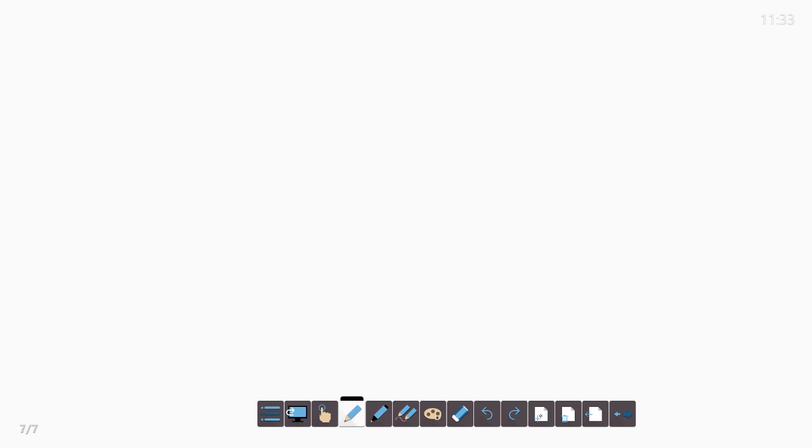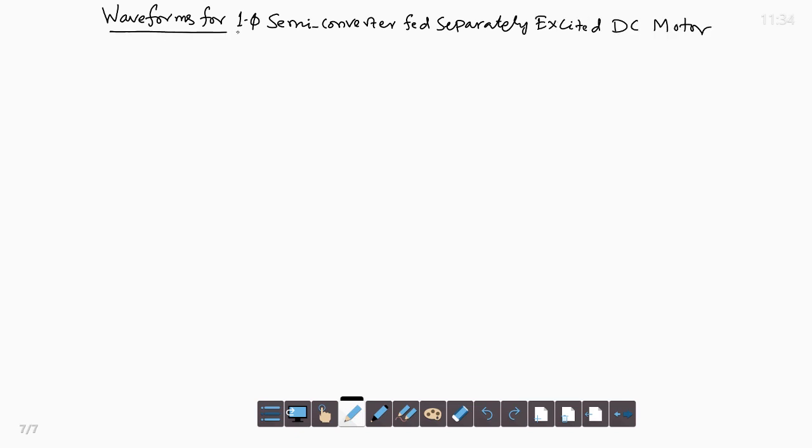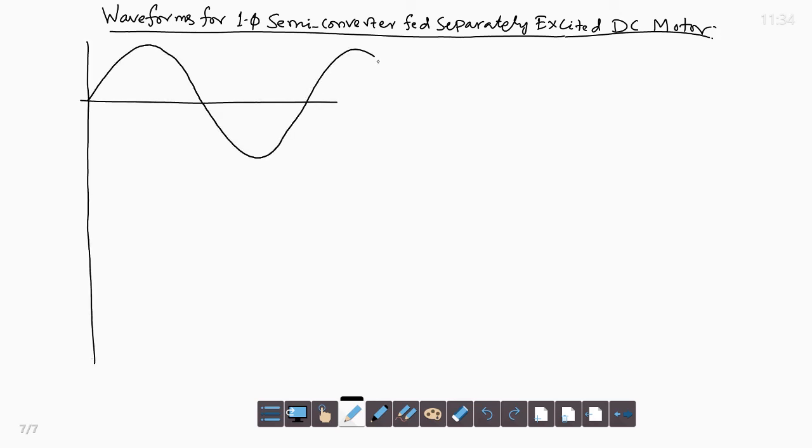Next, we will draw the waveforms for single phase semi converter fed separately excited DC motor. Supply voltage V S. We assume the armature current to be continuous.